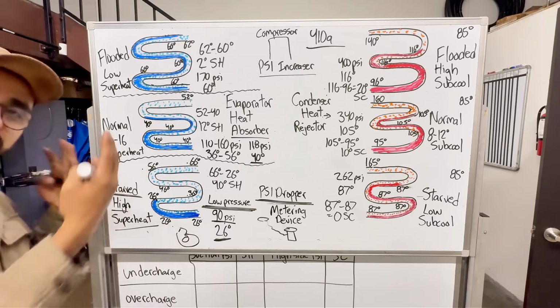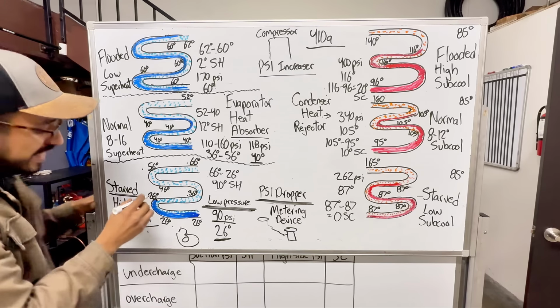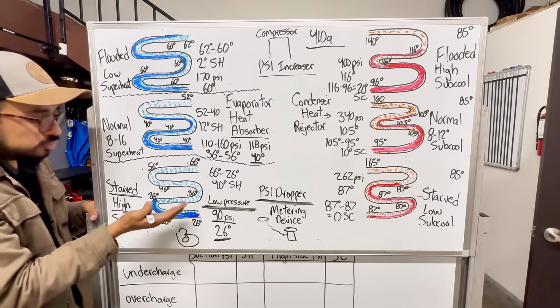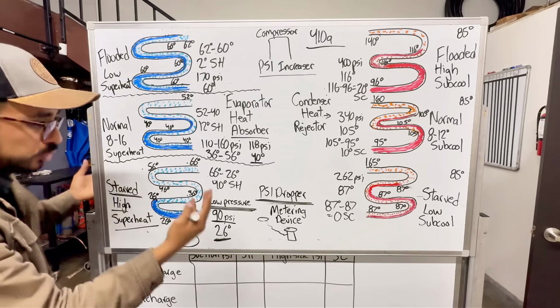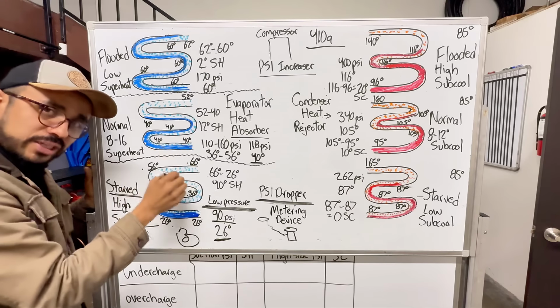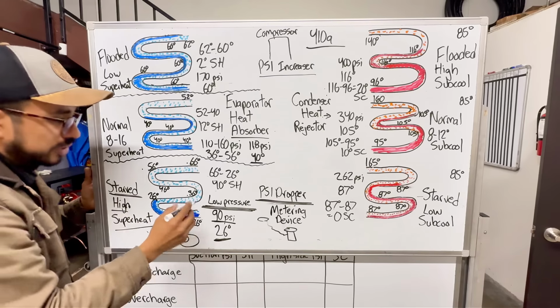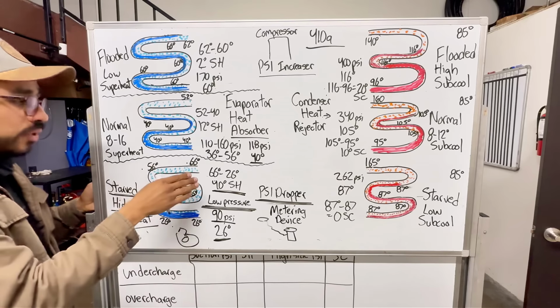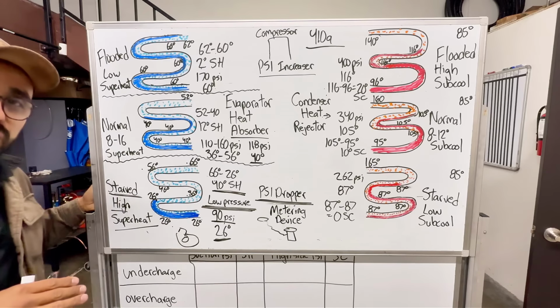You have hot air going through that coil. So you're boiling off that liquid too soon, so you have a starved evaporator. When you subtract, 66, which is your suction line temperature, minus your evaporator temperature gives you a 40 degree superheat. That's high. Right away, it tells you, I have a starved evaporator.